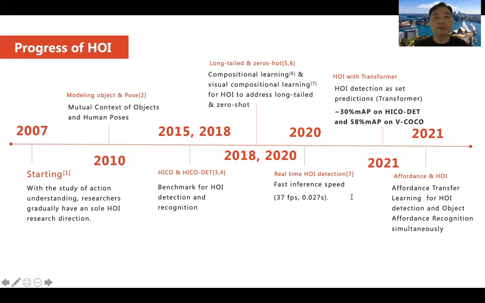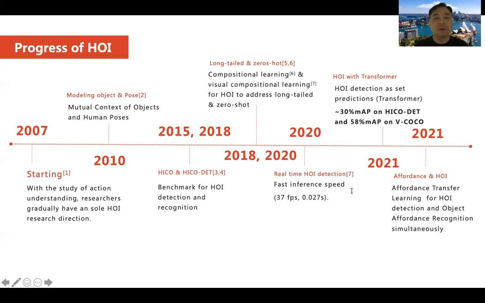Chao and his colleagues introduced the HICO and HICO-DET datasets for HOI recognition in 2015 and HOI detection in 2018 separately. The two large datasets contribute large benchmarks.